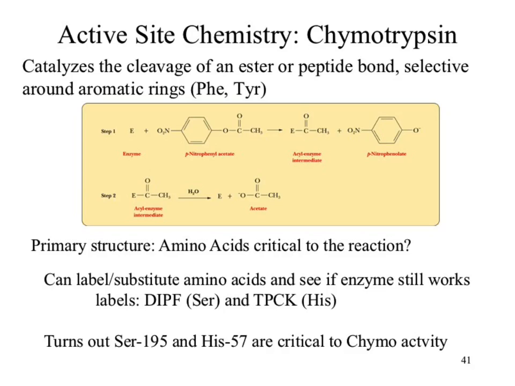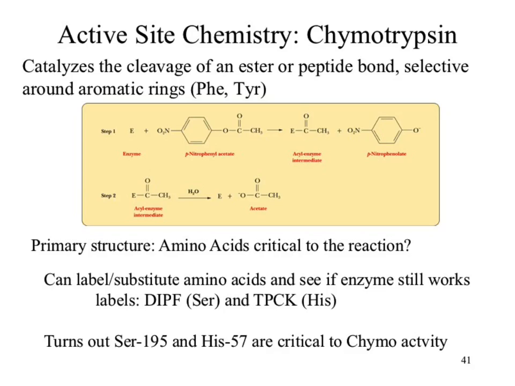That would then bond to serine if we did DIP, and then we could test the activity. Okay? If serine was critical to the chemical reactivity, when I change it by putting on the DIP, what happens? I no longer have serine, I can't do any chemical activity. Okay, so we see the enzyme shut down.